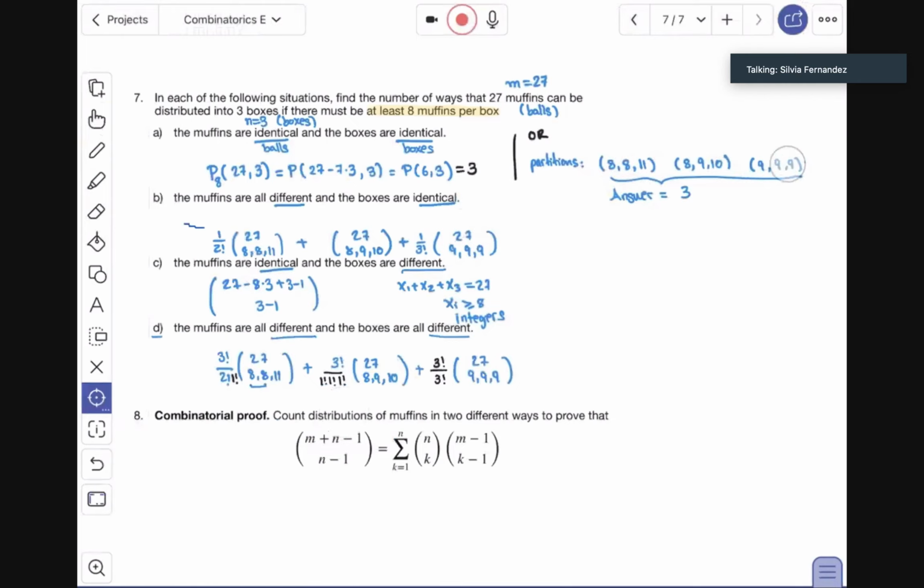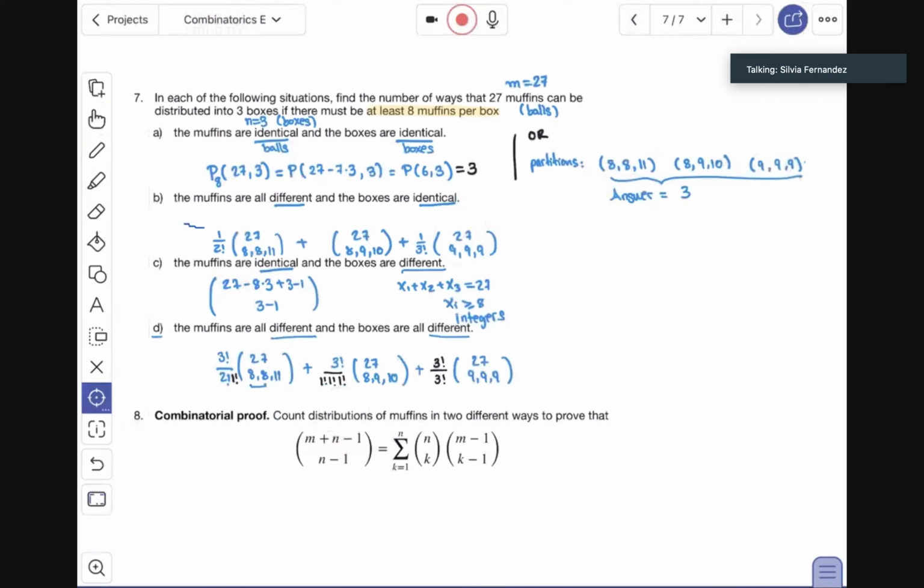Then 3 partitions, and this is the actual partition for part A. But in order to solve B and D, I need to know all the partitions. This is essentially what we write in the summation in the table. For these parts, you have some summation of multinomials, and those multinomials need to be these triples.